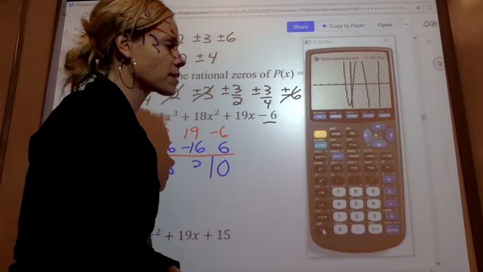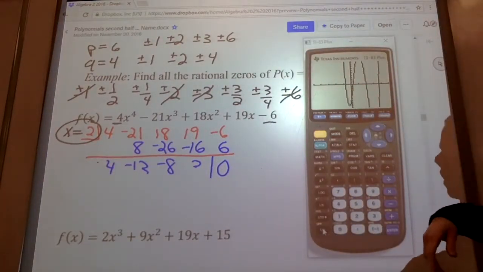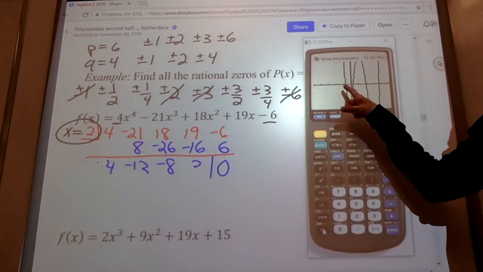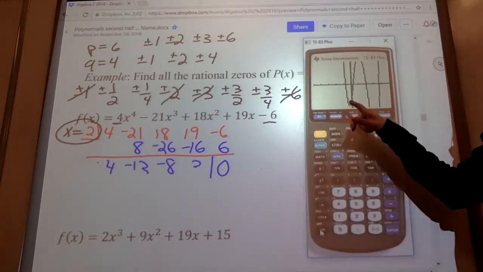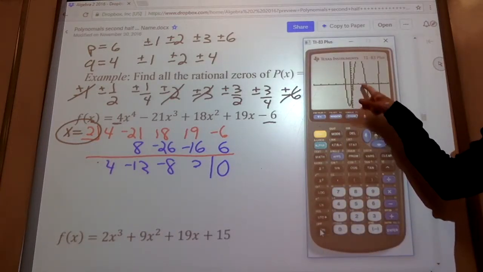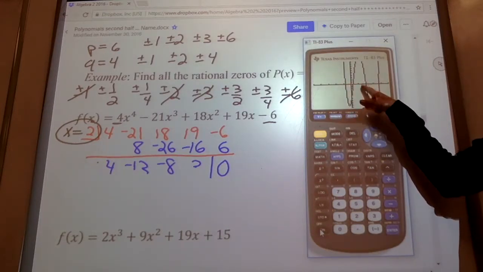So now I'm going to go back to my graph here and say, okay, that's not 1/4. So what else do I have? This could be maybe -3/4. This could be, no, 3/2 would be 1.5 or -1.5, and I don't have anything there or there.